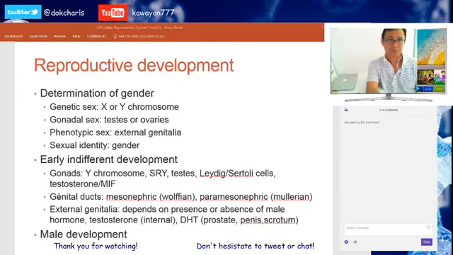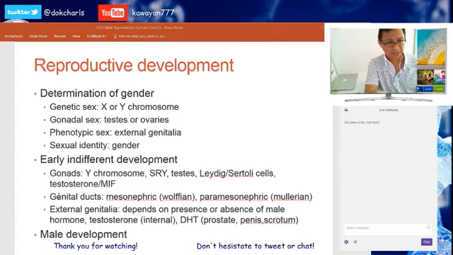So a person's sex will also be determined by the presence or absence of a testis or an ovary. If you have an ovary, you're a female. If you're a male, then you should have a testis. And lastly, the most superficial one, which is more obvious when we do a physical examination, is the phenotypic sex, which is the appearance of the external genitalia.